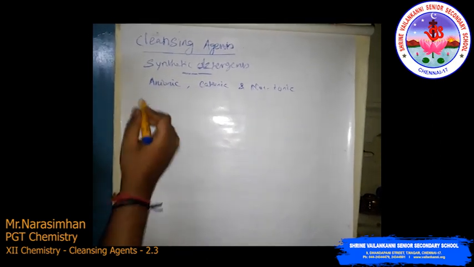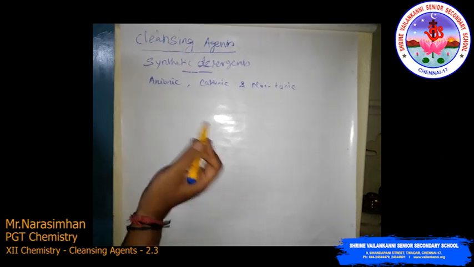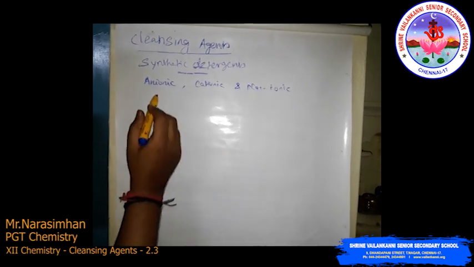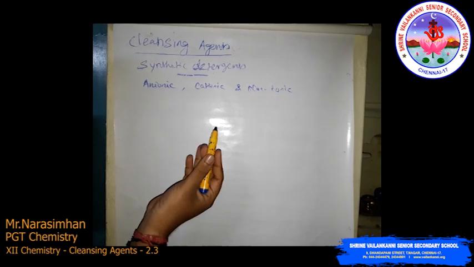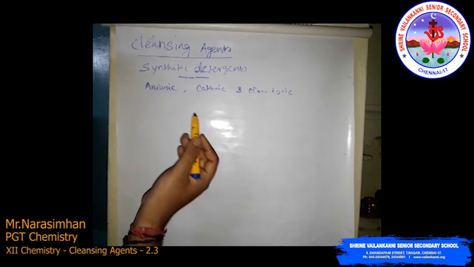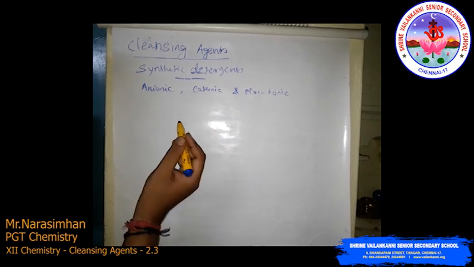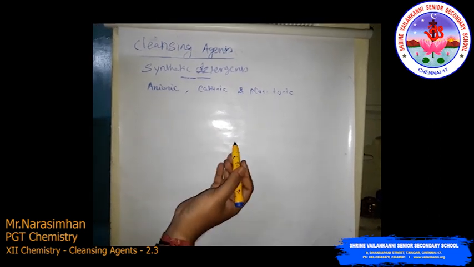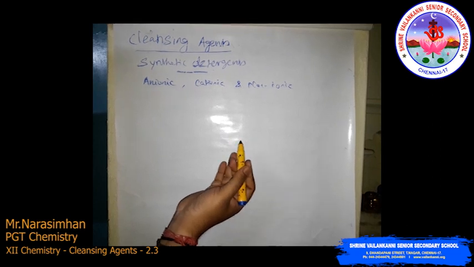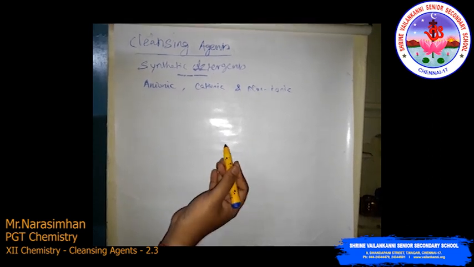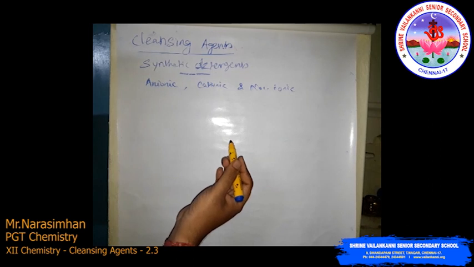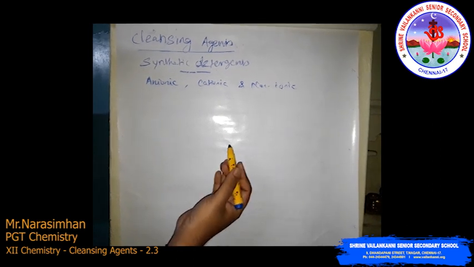This is the polar compound, the polar head. First, anionic detergents. Anionic detergents are sodium salts of sulfonated long chain alcohols or hydrocarbons. The alkyl hydrogen sulfate is formed by treating a long chain alcohol with concentrated sulfuric acid, then neutralized with alkali to form the anionic detergent.